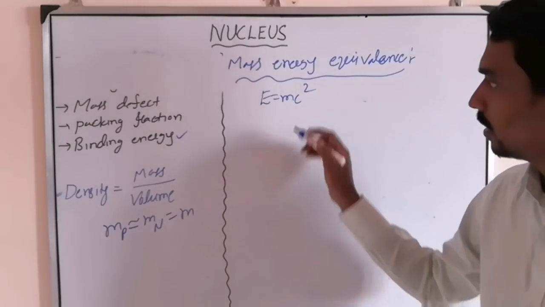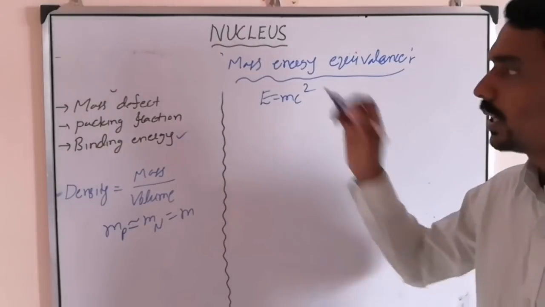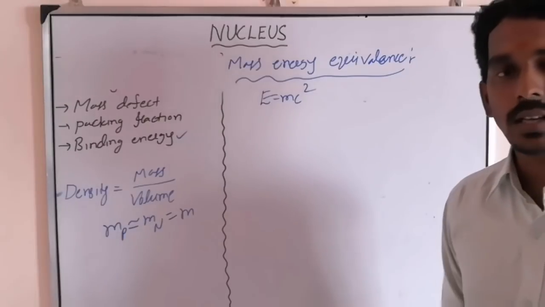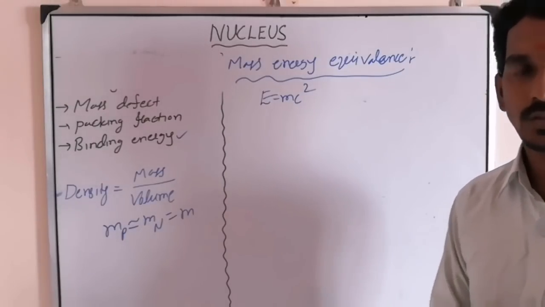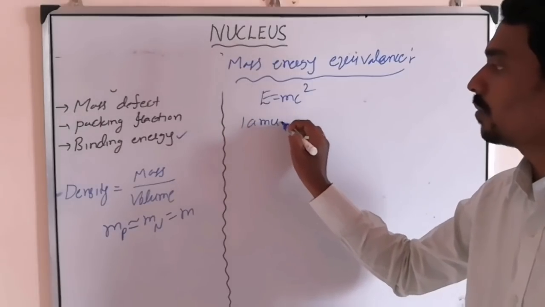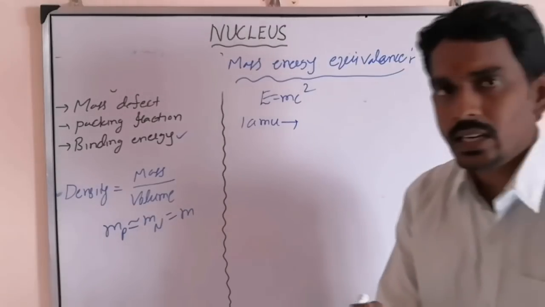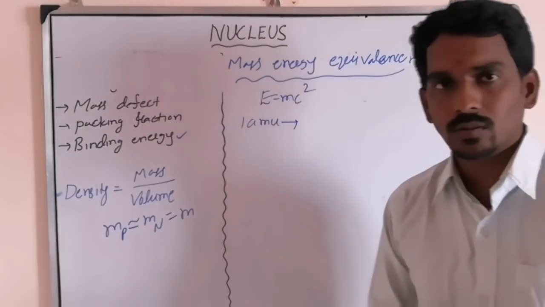Let's see further. But first, every time we deal with a nucleus, I said that masses we measure in terms of AMU. So it is better to find the energy equivalent to 1 AMU.